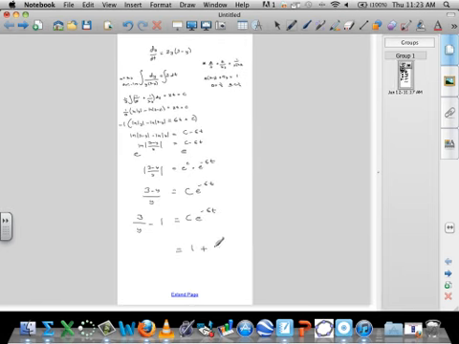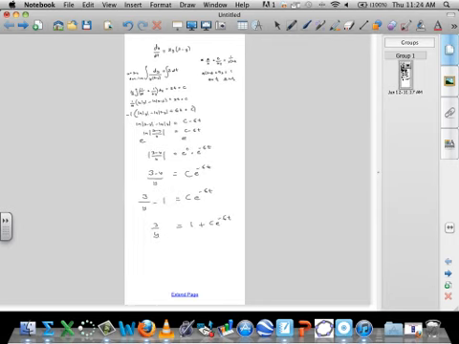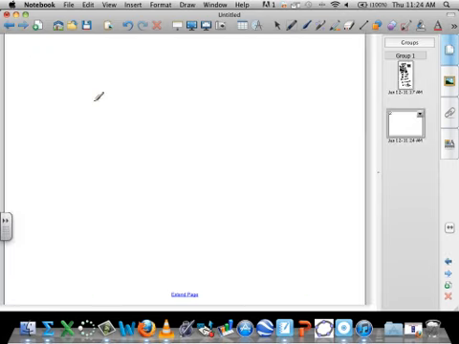So I'll have 1 plus c e to the negative 6t is equal to what? 3 over y. And then we flip both sides, multiply both sides by 3, and we're done. So we'll have finally y equals 3 over (1 plus c e to the negative 6t). c would depend on some initial data. Okay, so that's pretty short.